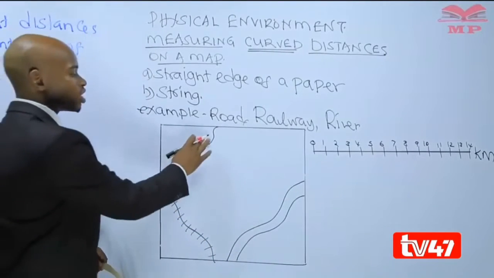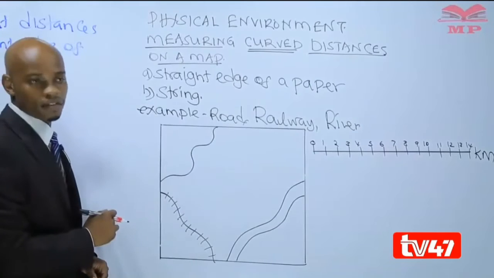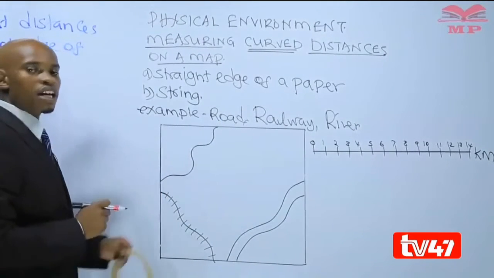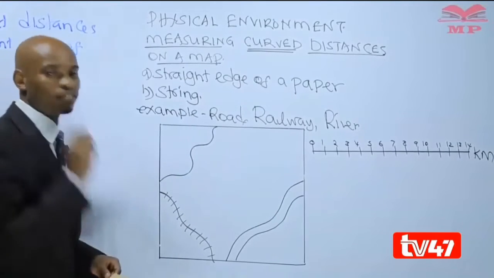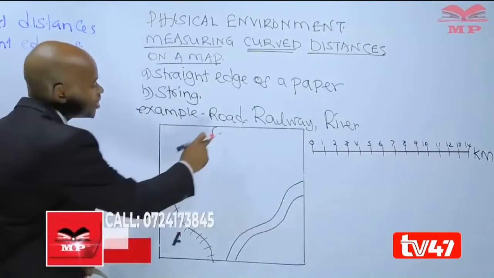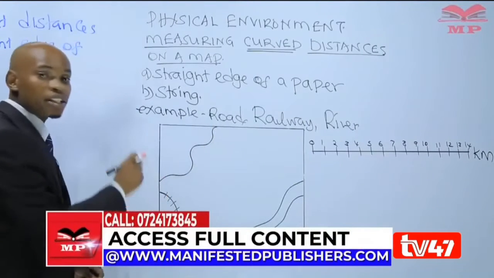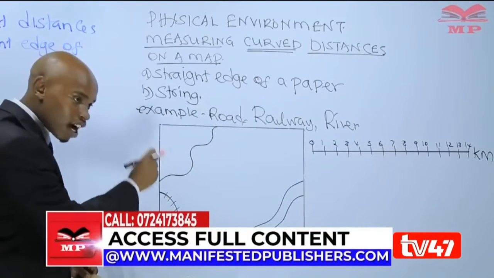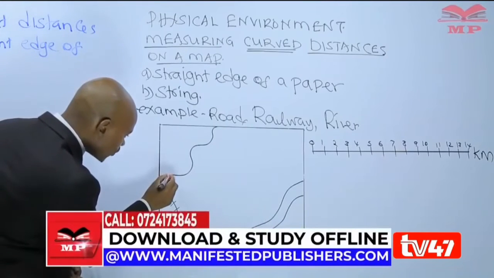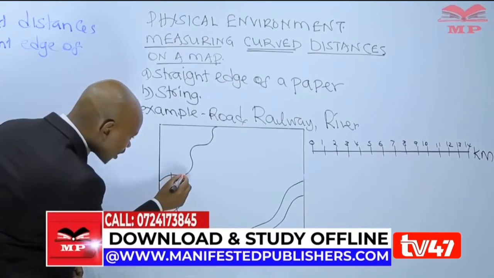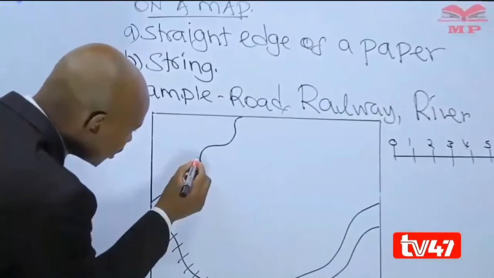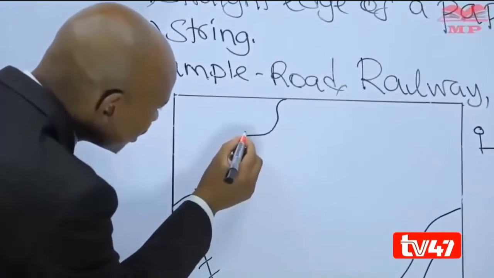If you are measuring this river, a curved distance from this point to this point, first of all identify some straight portions in that curved distance. For instance, up to here, you can see it is curved. So divide this distance into small straight distances.